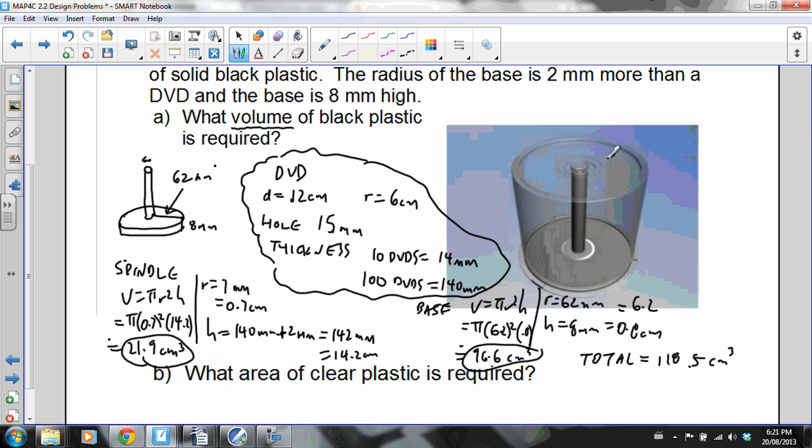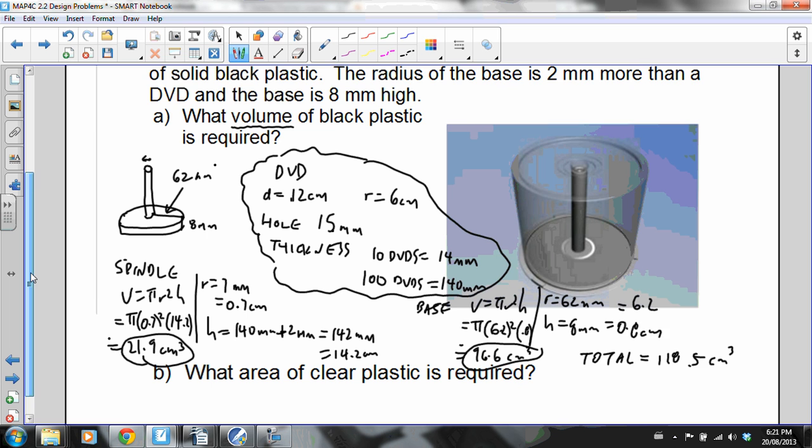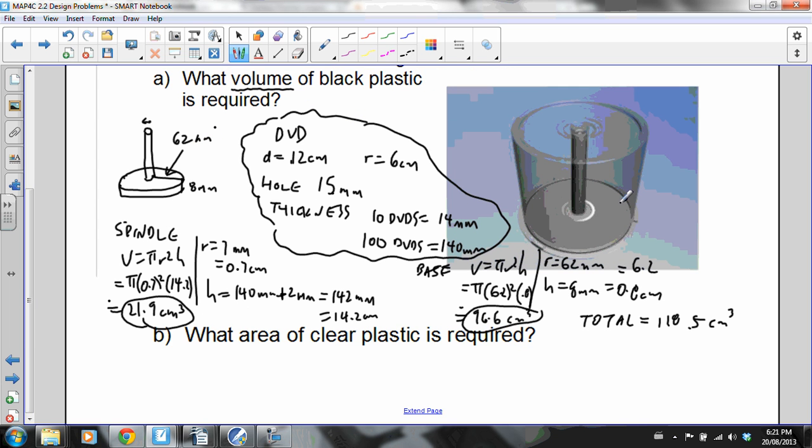And then of plastic, so how this is made, probably some sort of machine that would inject liquid plastic in and spit out these spindles, these bases. That's one piece. And the second piece is this clear plastic thing. And it says what area of clear plastic is required. So probably, since it's an area question, it's a different process.